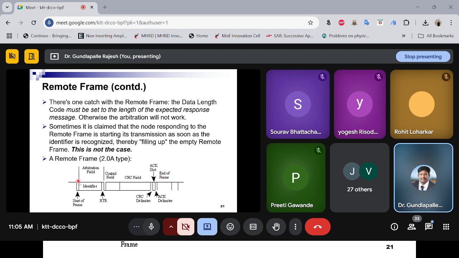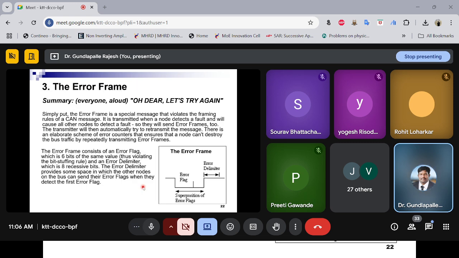Earlier the acknowledgement delimiter was for CRC as well as data, whereas here the acknowledgement is for your control field and CRC field.